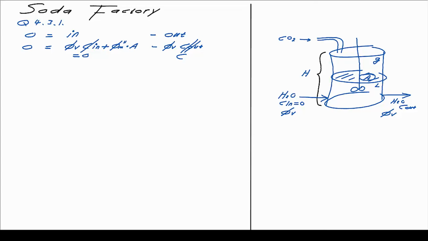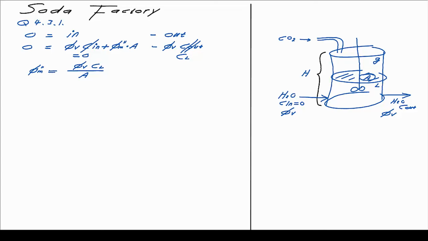So now let's rearrange and isolate phi m double prime. Note that this C is the concentration of the liquid phase.